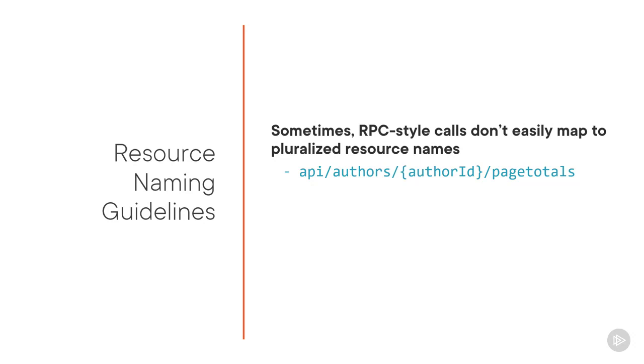And then what? We'd expect this, seeing it's a pluralized noun, to return a collection and not a number. API/author page totals/an ID, where the backend would then have to map that ID to an author ID, or it can even be the same ID. This would work, and it does follow our guidelines.